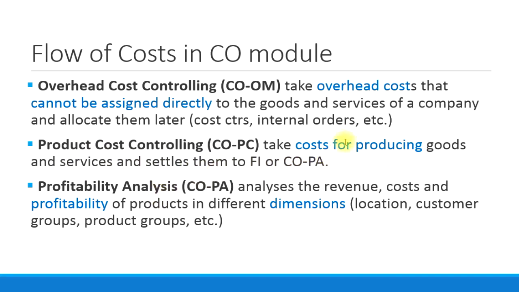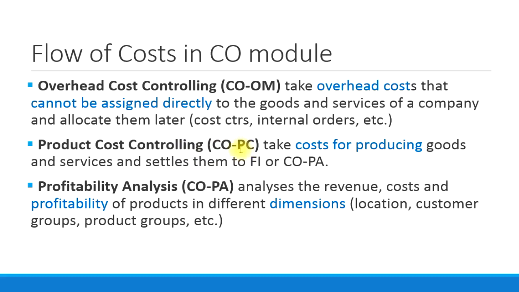So most of the time when you look at product costing, it is implemented in a manufacturing environment, because then only you can see for each type of item, you can actually physically see how much cost you're incurring. In a service environment, it's difficult to see how much cost you're directly incurring for that particular service. So in a service industry, you'll most likely not be using product cost controlling.